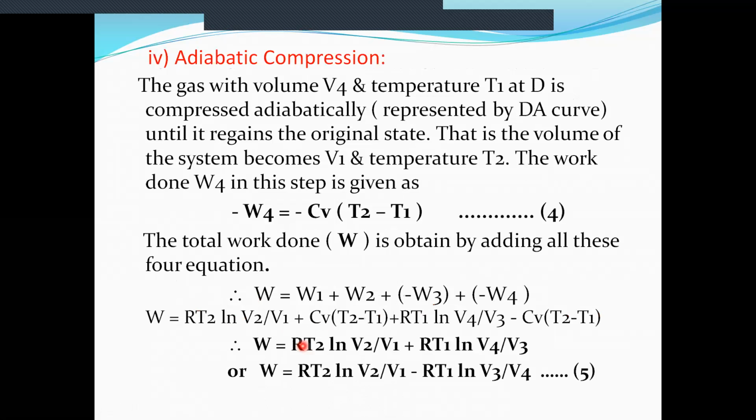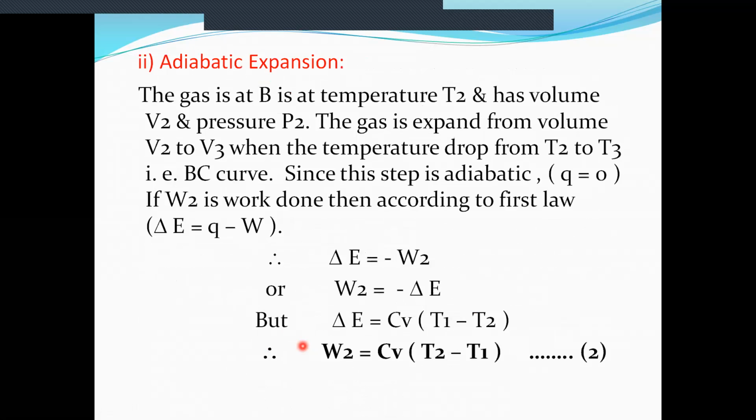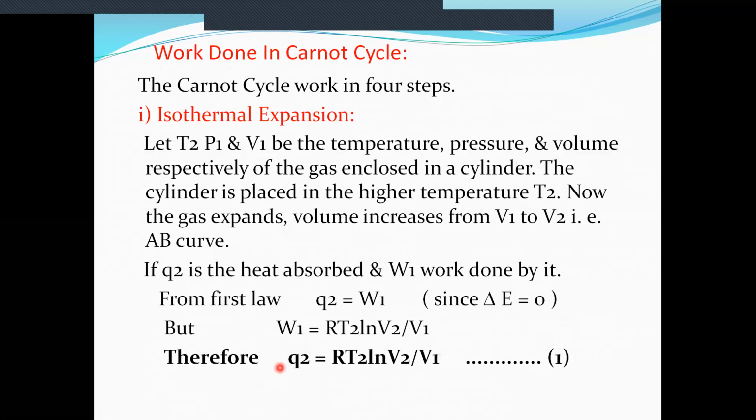So I will repeat in short, that is a Carnot cycle works in 4 steps. First is the isothermal expansion, and we have obtained work done in this step, and we call this work equation number 1.